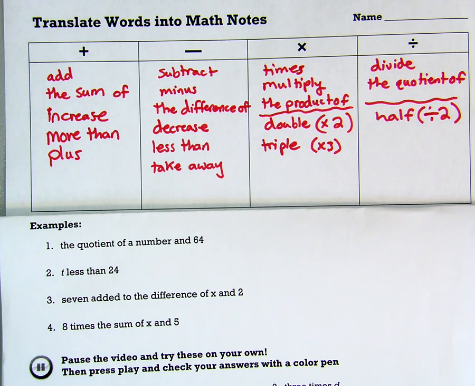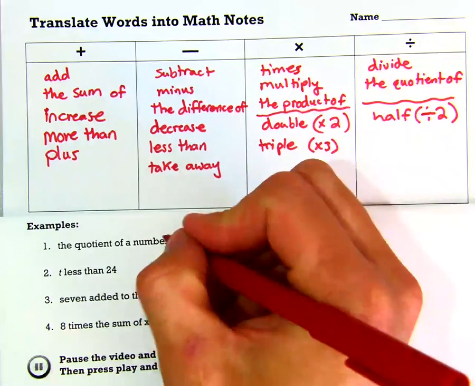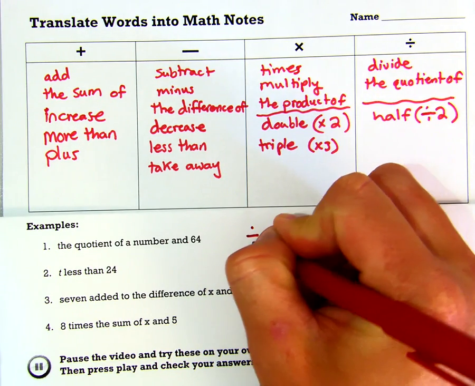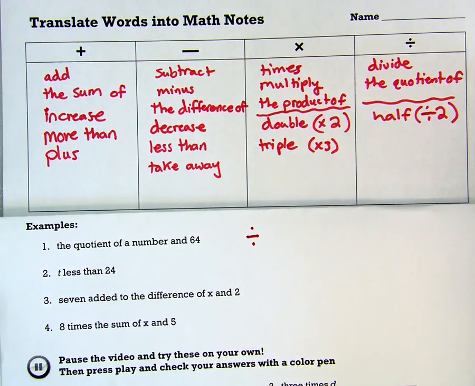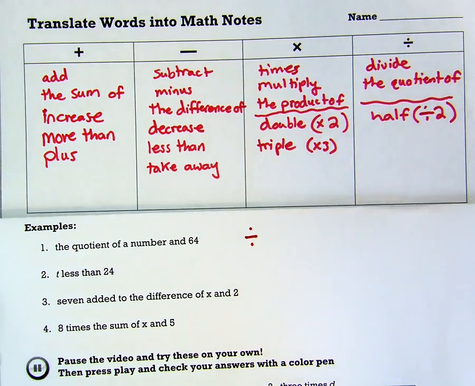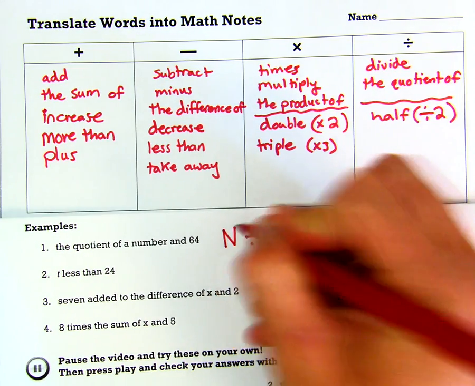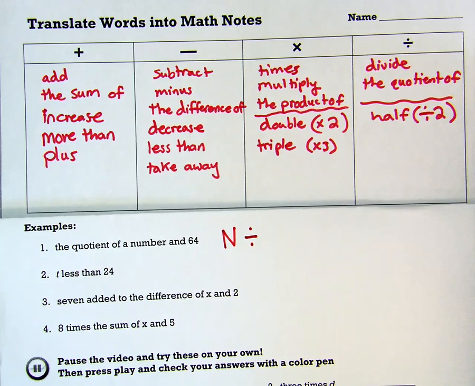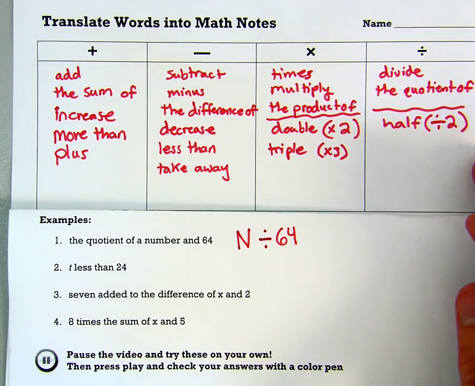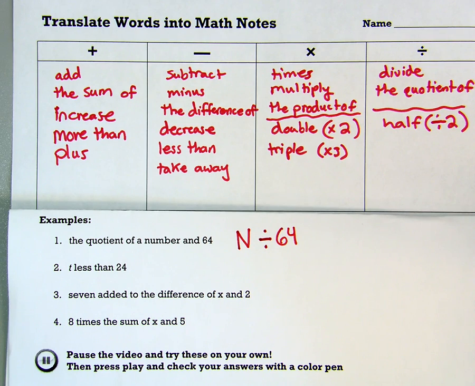Alright, so that word quotient I know is division. So I'm going to go ahead and put a division symbol there. Okay, so it's of a number and 64. So I'm just going to give my number a variable. We'll just say n for number and then divided by 64. So that would be my math expression from the quotient of a number and 64.